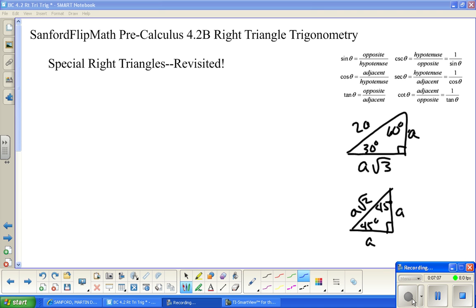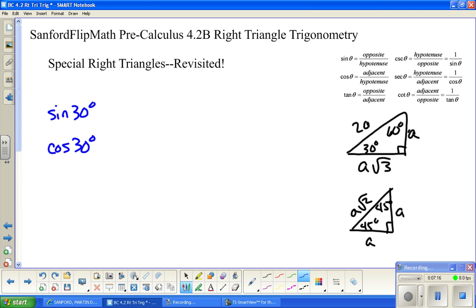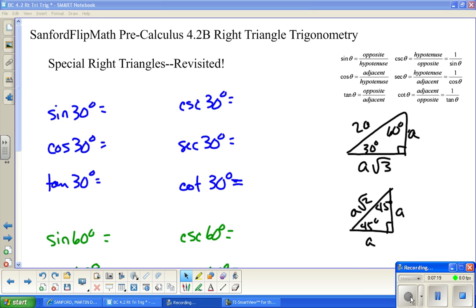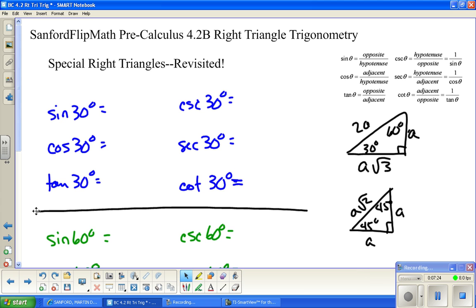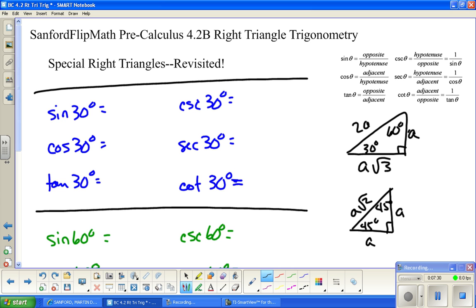Okay, so what I need to do here is talk very quickly about sine of 30, cosine of 30, etc. All right, so we're going to go through the special triangles, and can I just say this is a big deal, and we're going to look at some ways to remember some of this a little more quickly when we get into the next section, but part of what we need to do is just remember these. 30 degrees, 60 degrees come up a lot, and so does 45 degrees, just because of the way we have our numbering system set up.